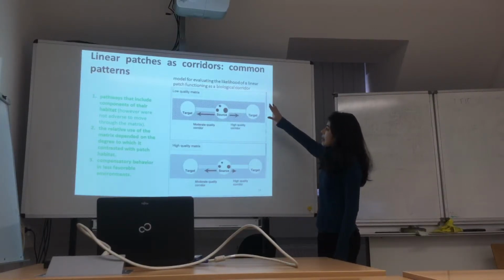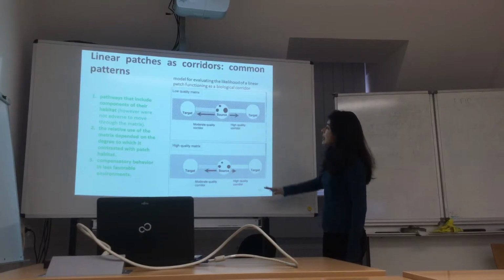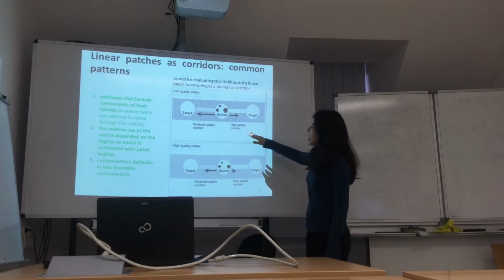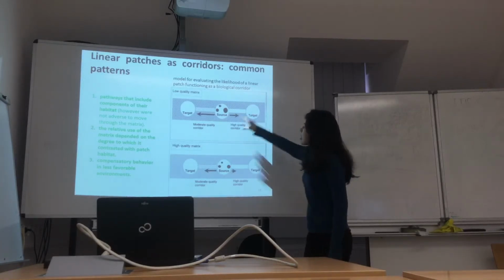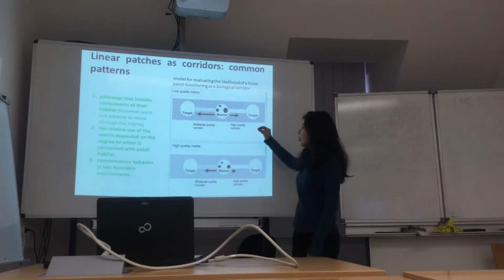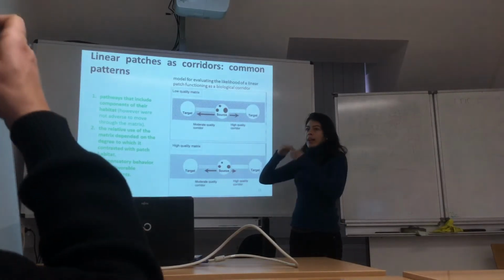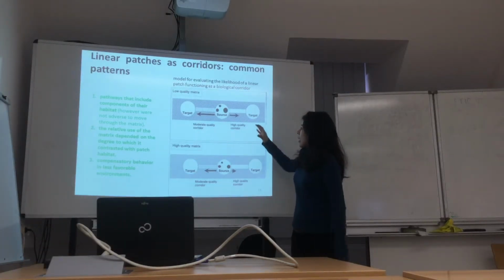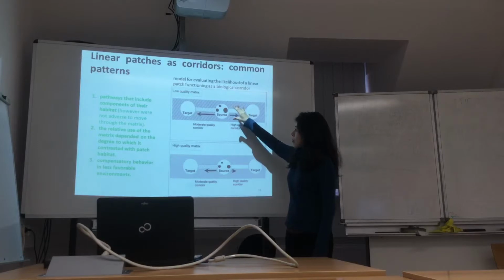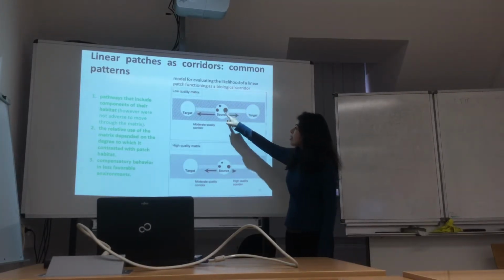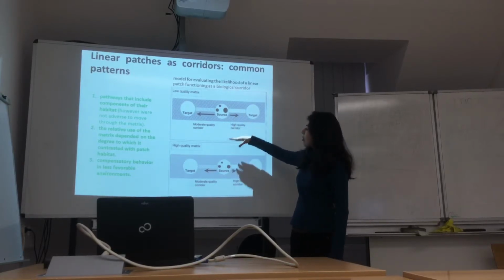So this generates a model to understand this, and here you can see that in a low quality matrix, the chances of selecting corridors are higher because the organisms select the corridor by their survival possibility. So if it contrasts more with the matrix, they will prefer the corridor, and the chance of finding and selecting the corridor is represented by the size of the circles.